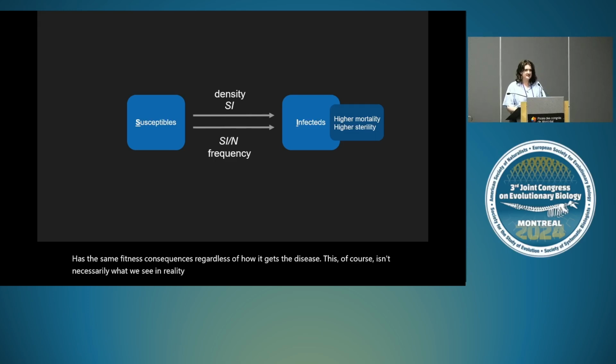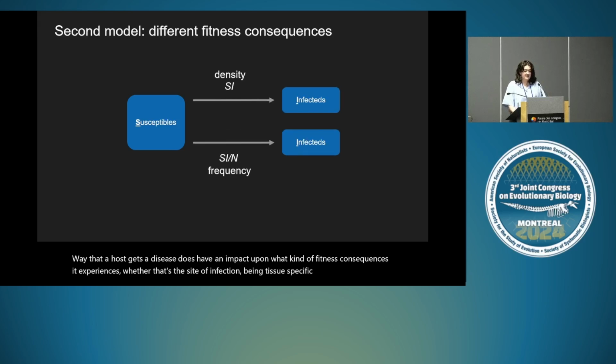Often the way that a host gets a disease does have an impact upon what kind of fitness consequences it experiences, whether that's the site of infection being tissue specific, or, as we often think of with sexually transmitted diseases, which are frequency dependent, having a cost to fecundity rather than mortality.